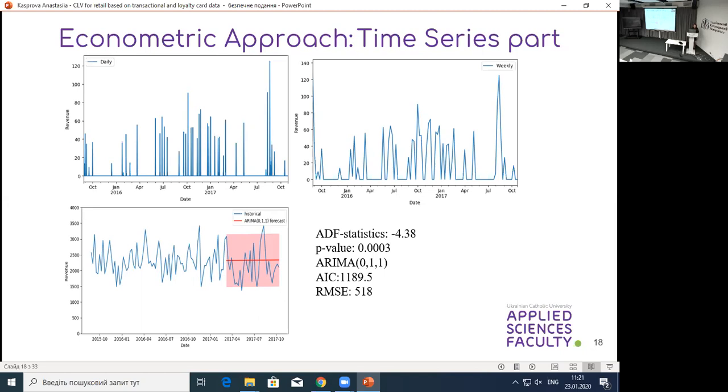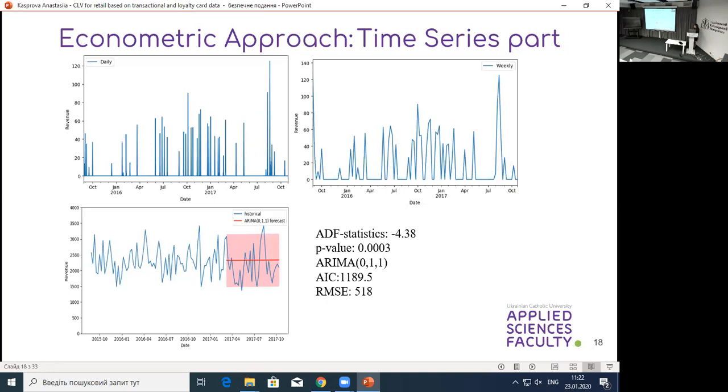Now it's time to talk about time series and predict the revenue. Okay, I should go step by step. First, the assumptions: what kind of data aggregation should I use?